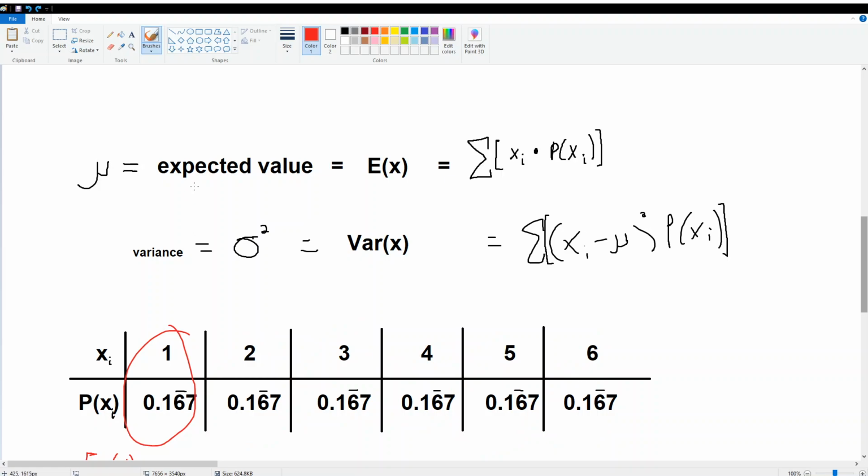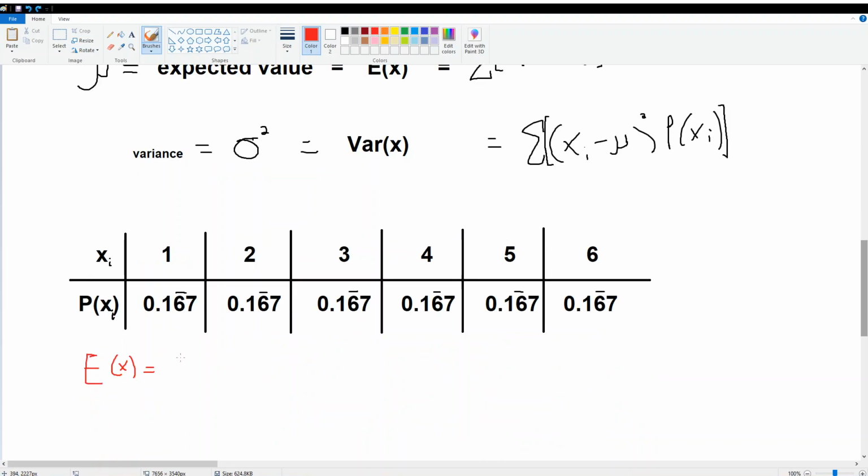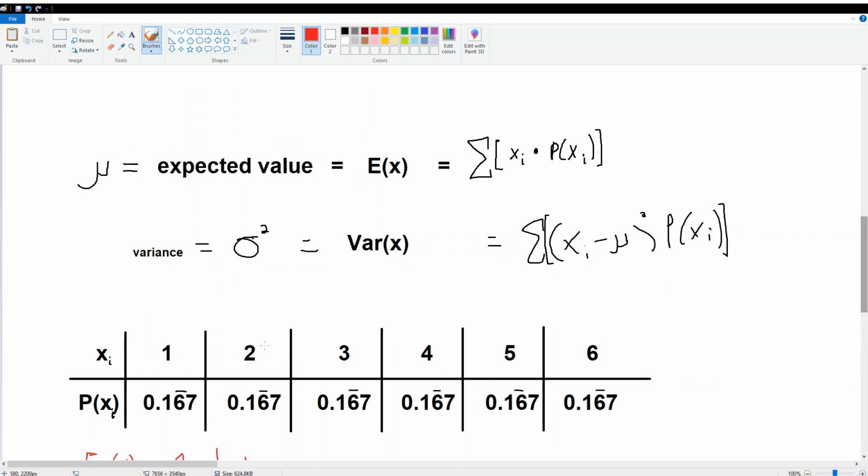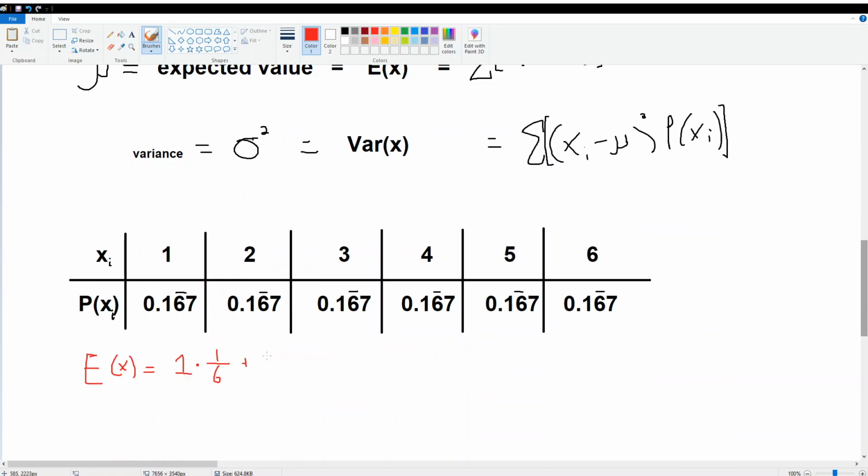So in this case, this will be equal to 1 times 1/6. Our next one, second data value, 2, its probability is 1/6. Then we have 3, its probability is 1/6. Now our next one is 4, so xi is 4, and its probability is 1/6. Next one, 5 times 1/6.